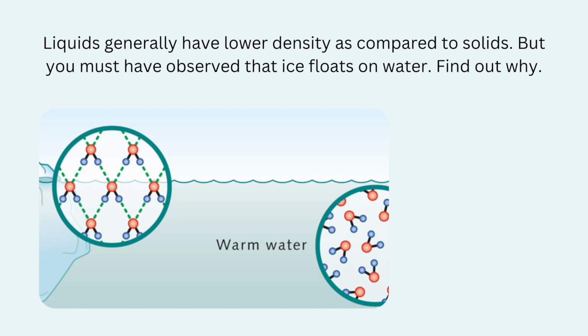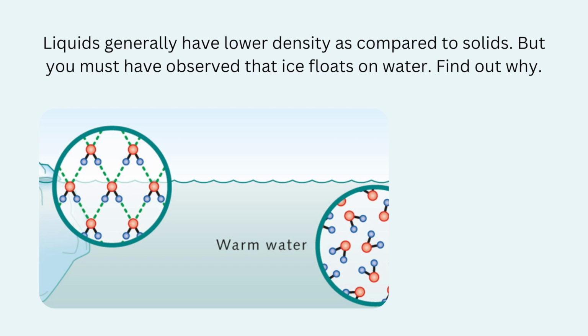The reason being, ice internally has a structure, like you have in the image. The one on the left shows the internal structure of the molecules of ice. You can see that there are diamond shaped patterns, and these patterns have spaces in between them.